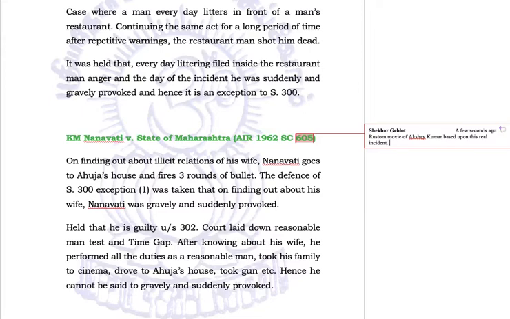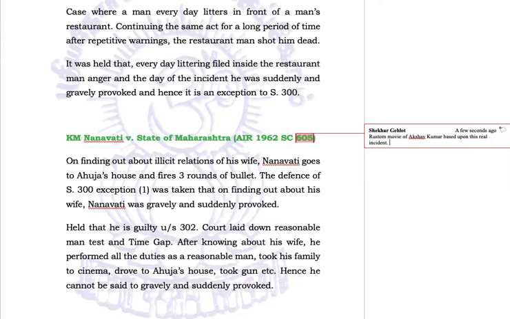When a man comes to know that his wife is having an illegal affair with his friend, he will be gravely and suddenly provoked, and he will not be able to make a decision, and he will ultimately end up killing. So the court agreed that yes, this is a kind of grave provocation. Provocation in such a case is grave, but the court was not convinced that the provocation was both grave and sudden.